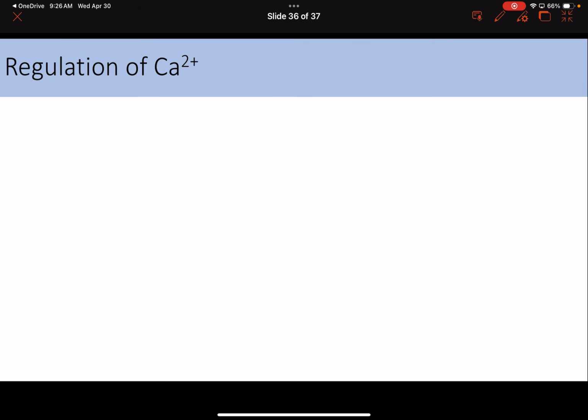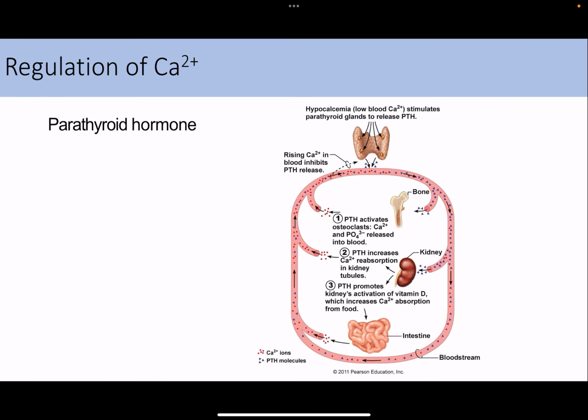Okay. I'm not going to talk too much about regulation of calcium. You should already know this. When blood calcium is too low, we call that hypocalcemia. When blood calcium is too low, it triggers the release of parathyroid hormone from the parathyroid glands. Parathyroid hormone has 3 different targets. It's going to target the osteoclast to break down bone to release more calcium into the blood, bringing it closer to normal.